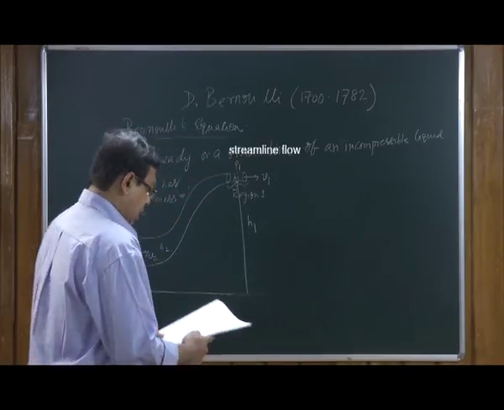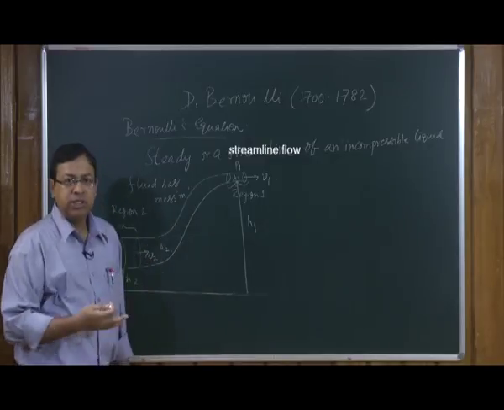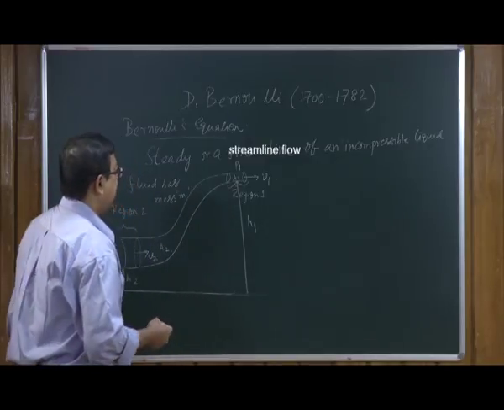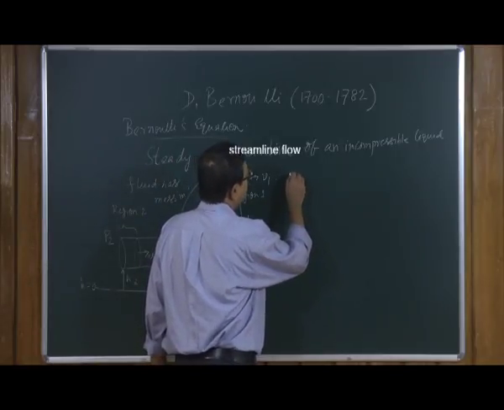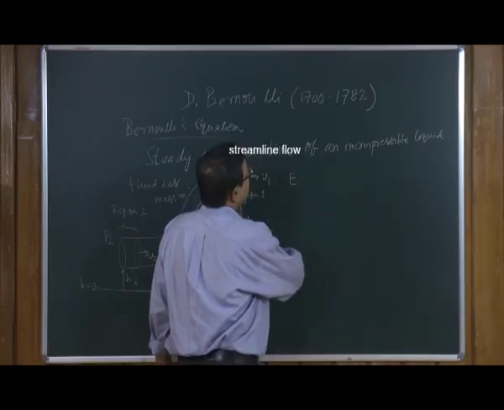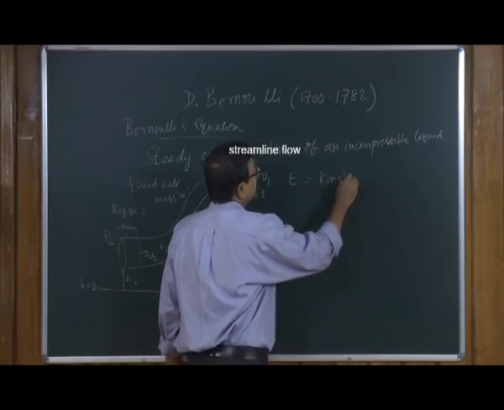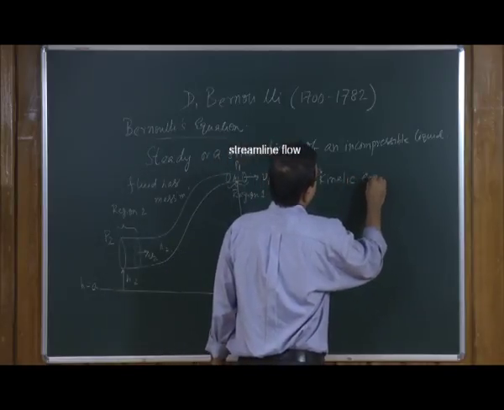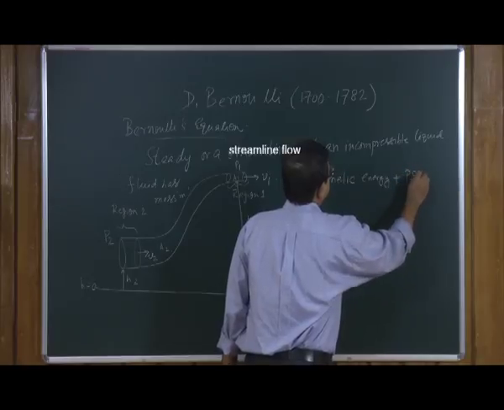Now this fluid is of course under gravity. So, the energy is constant, and the total energy E is given by the kinetic energy of the fluid plus the potential energy.